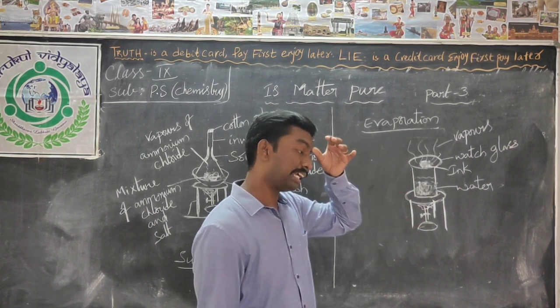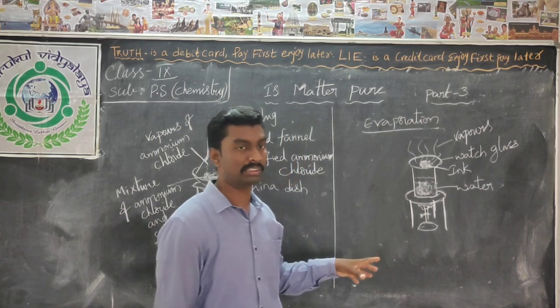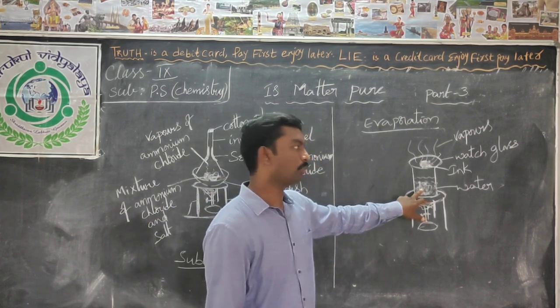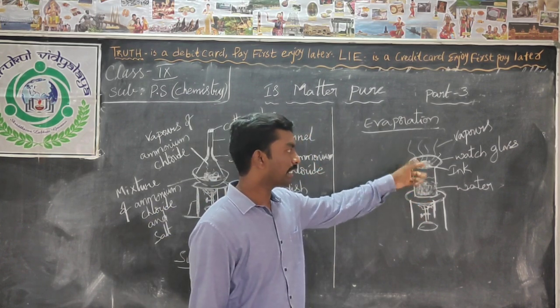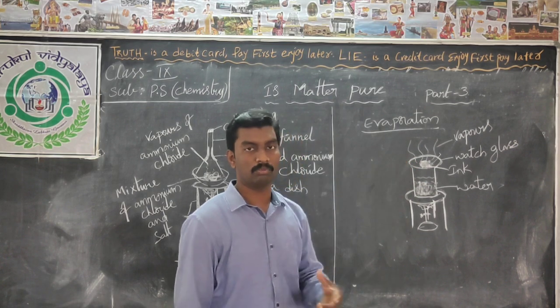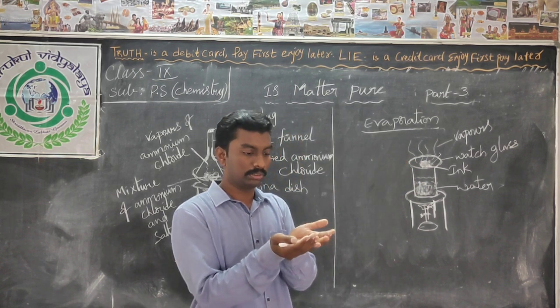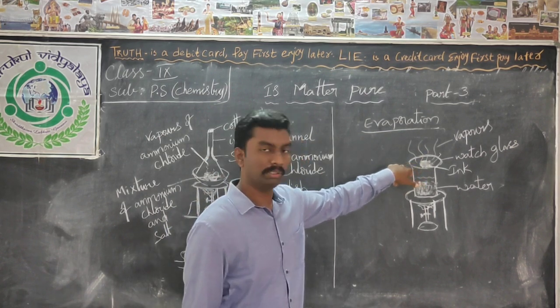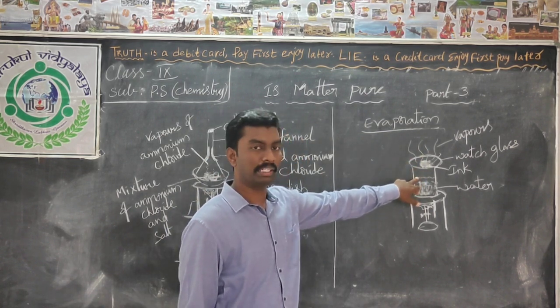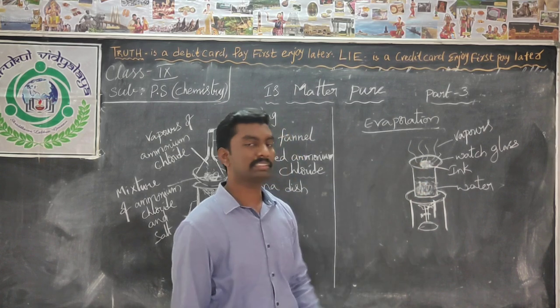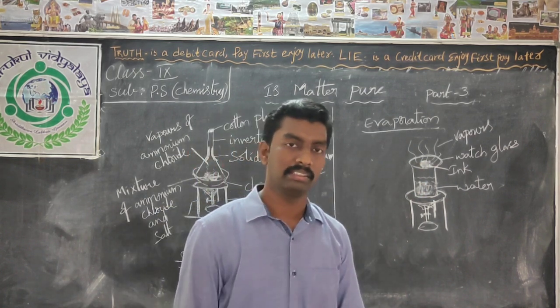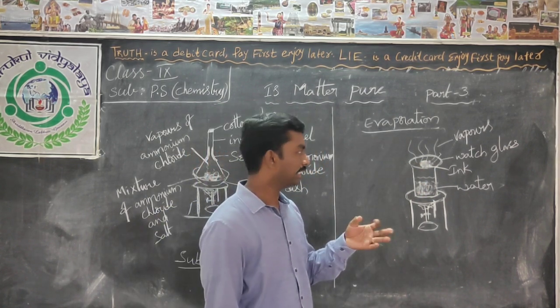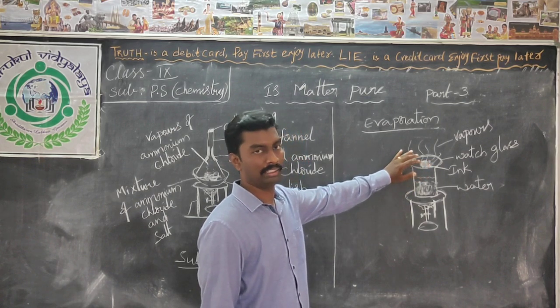One beaker is taken, placed on the tripod stand, and filled with some water. On the beaker, one watch glass is taken, a glass material we call a watch glass. We place it on the beaker, and in the watch glass ink will be added. We are using ink, so we add it here.